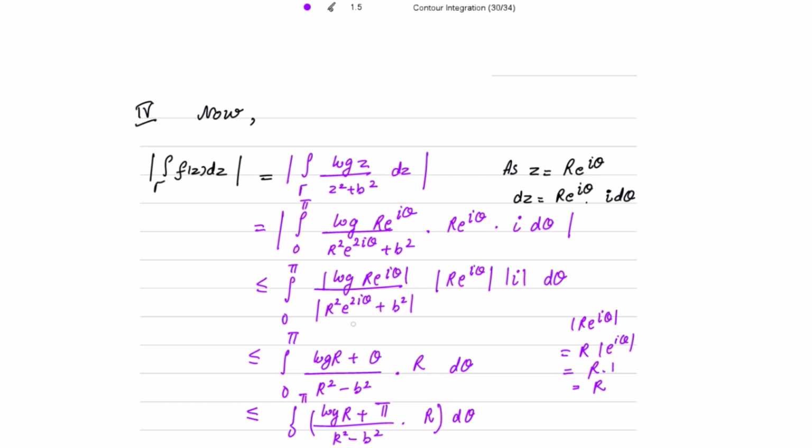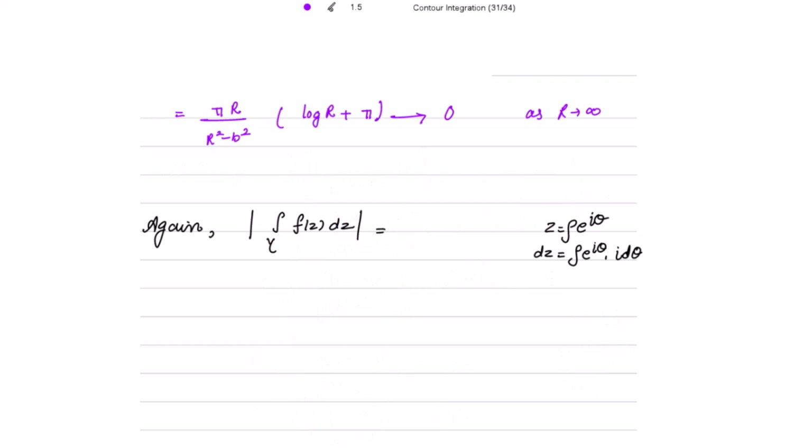So it is very important to note here that r² minus b² should come. Like when I will solve for the integral over semicircle gamma, there I am having rho instead of r. So it is very important to notice that it should be b² minus rho² in the denominator, because b is greater than rho, right? This is very important. Here it is as it is, simple one. But in this case, I will be changing the terms in the denominator to make the denominator positive, right?